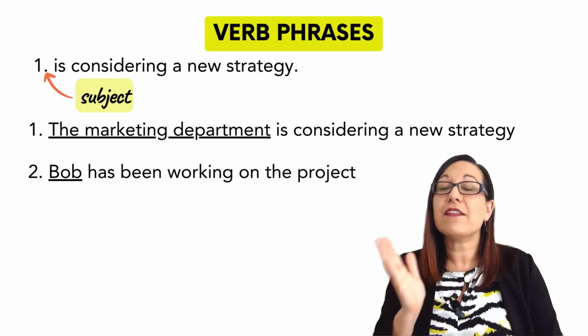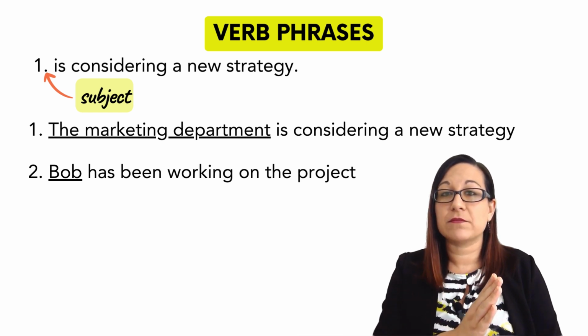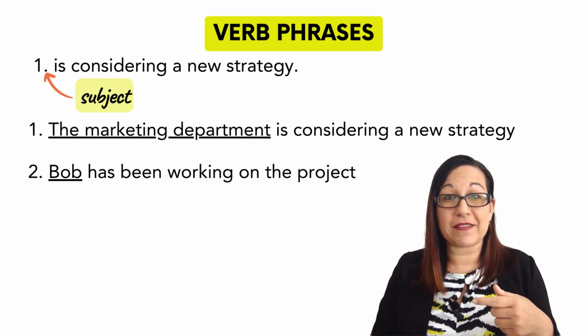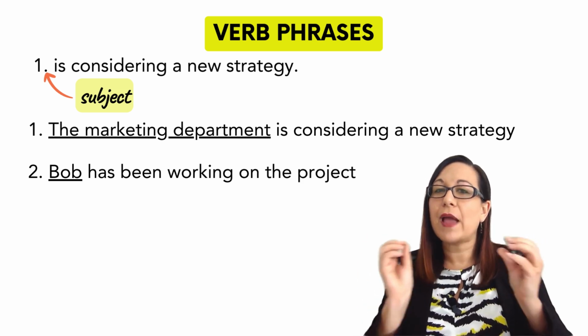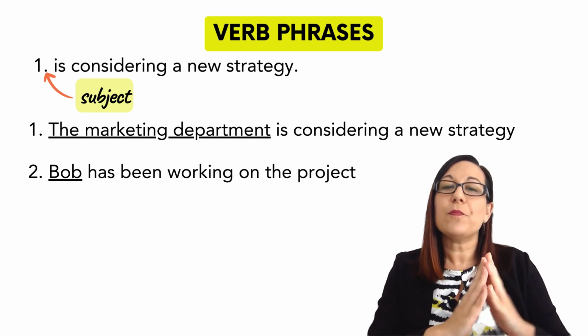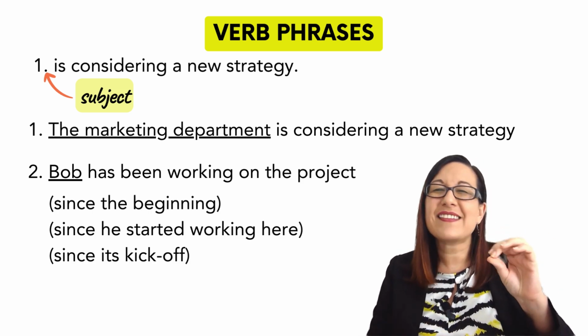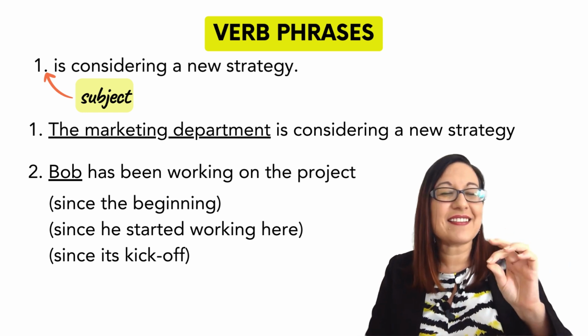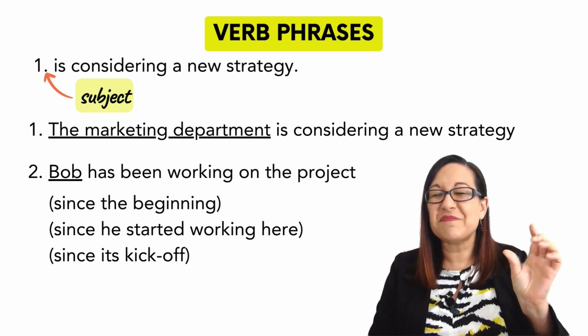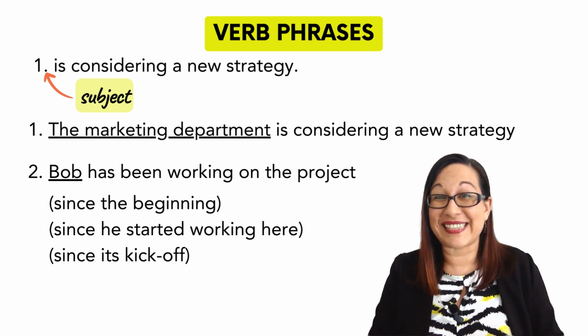Bob has been working on the project. Well, I really like the present perfect and I wanted to emphasize that this is still in progress. So I could add since the beginning, since he started working here, since its kickoff. So just a nice little time clause to indicate that.